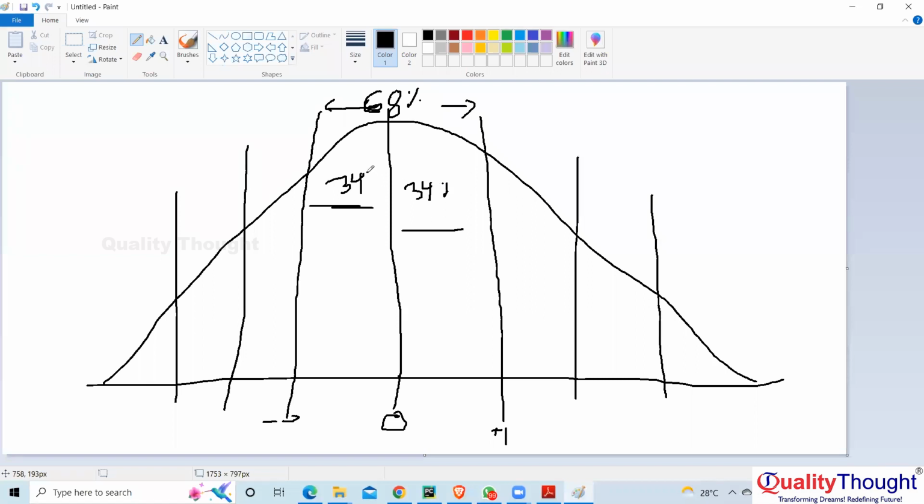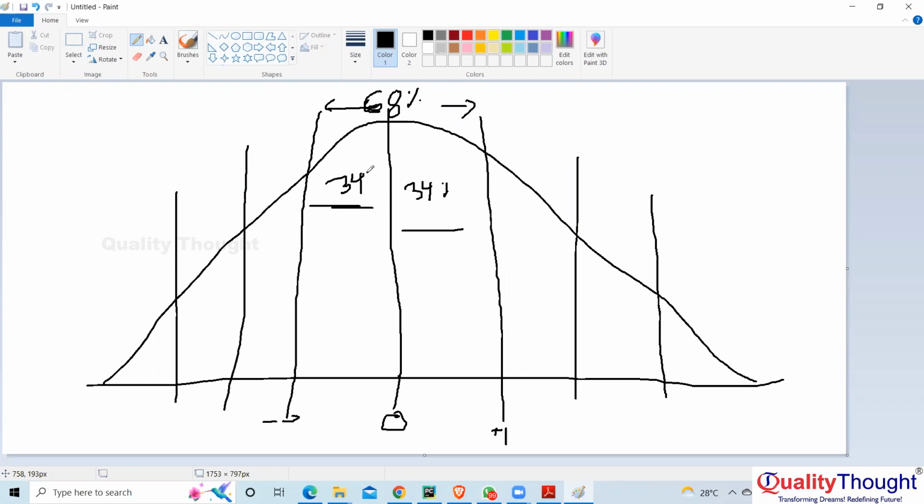Between 1 sigma, in terms of probability, is 68%. In terms of area, it is 68% area. In terms of values, approximately 68% of values will fall under 1 sigma.